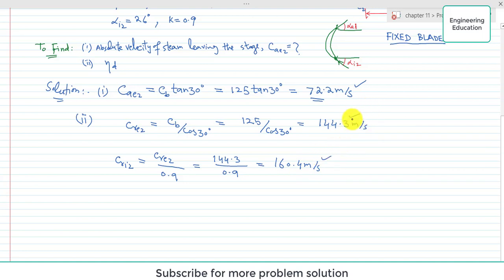Now to find other missing velocities like CAI2, for that we will use the cosine law.